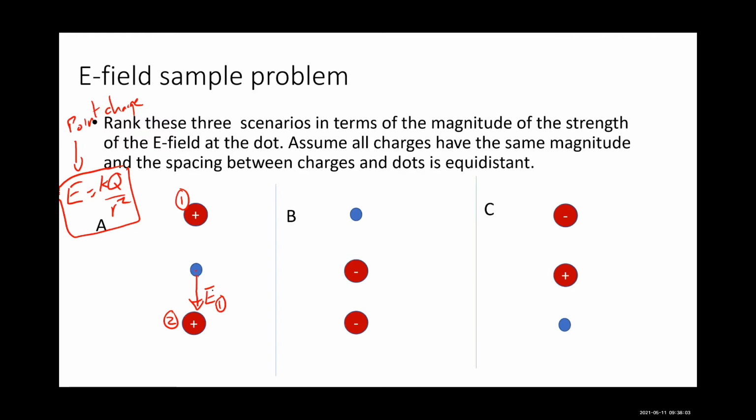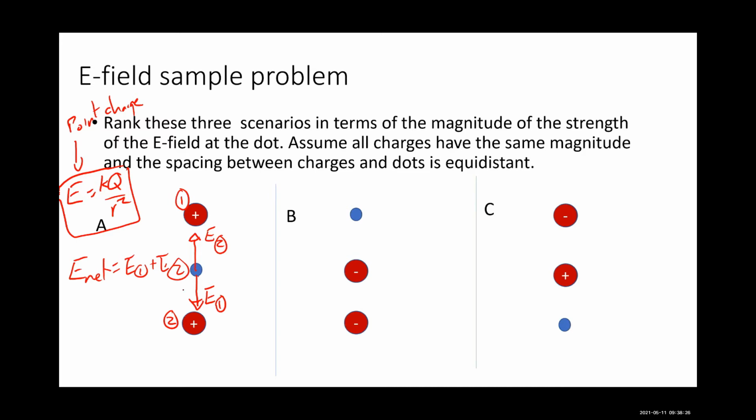What's the field contribution from source charge 2? Well, at this point, again, it's going to show a vector in the opposite direction, because a positive charge would feel a force in that direction. So this would be E2. Now the net is going to be the sum of those two. Right? And in this case, they're going to cancel.